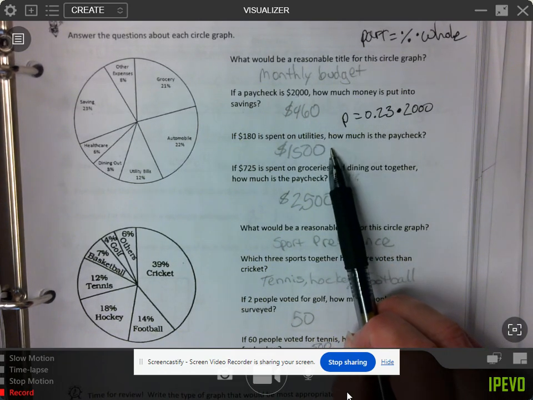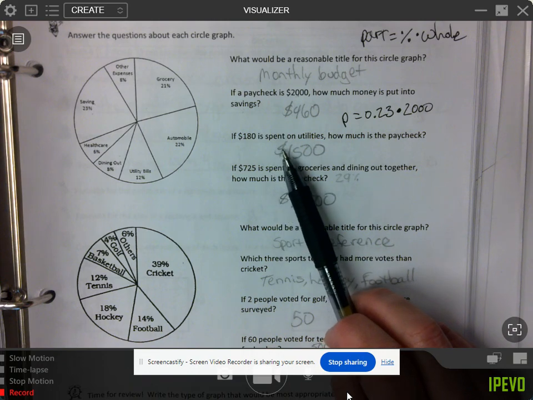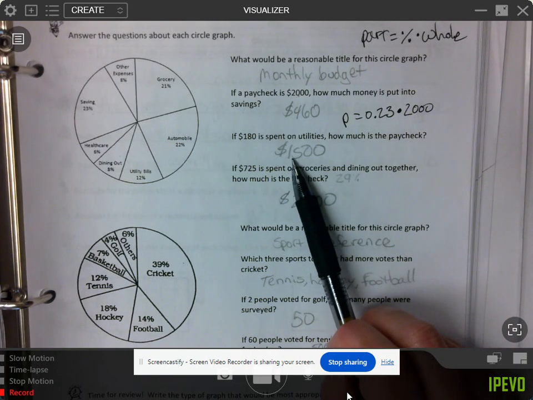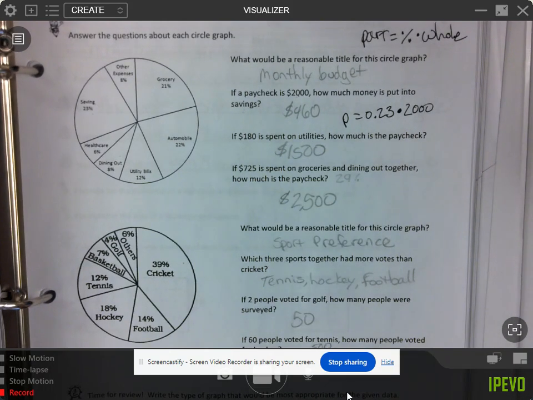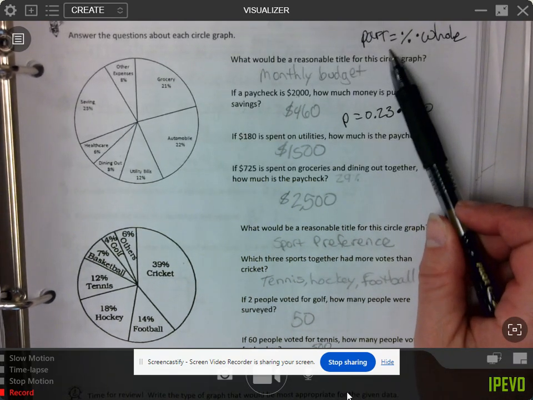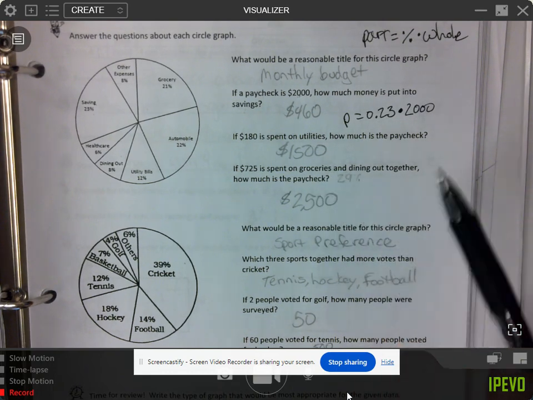The next question, if $180 is spent on utilities, how much is the paycheck? It is $1,500. Thumbs up if you got $1,500. Yeah, there's a lot of thumbs not going up. We are using the exact same equation, but this time we know our part.